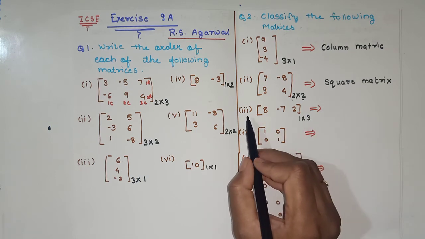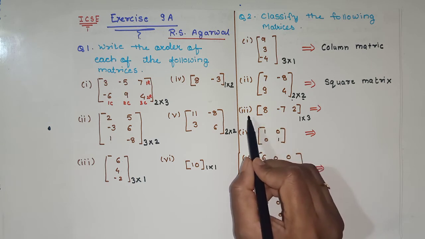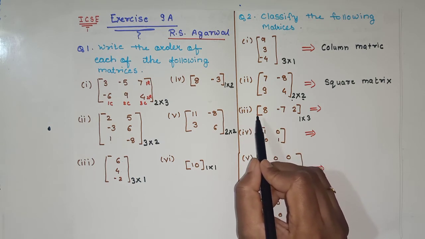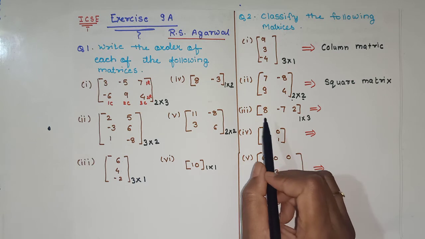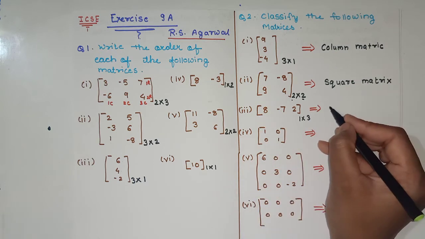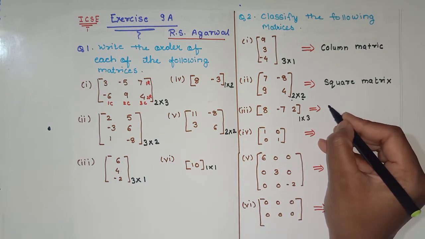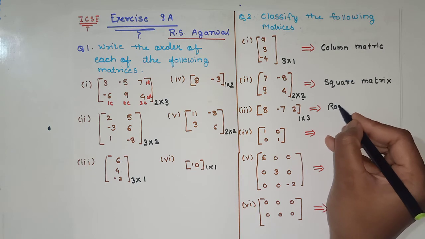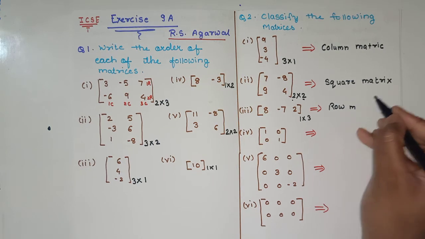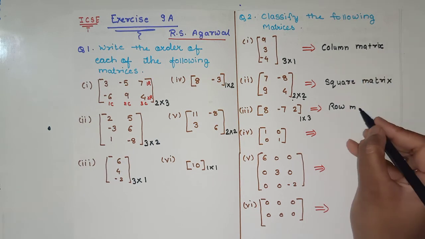So whenever the number of rows is 1, we call it a row matrix, of order 1 by 3.